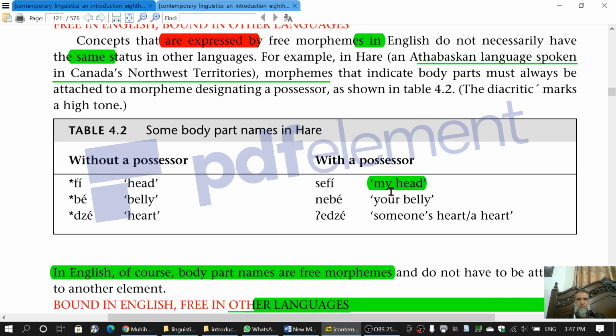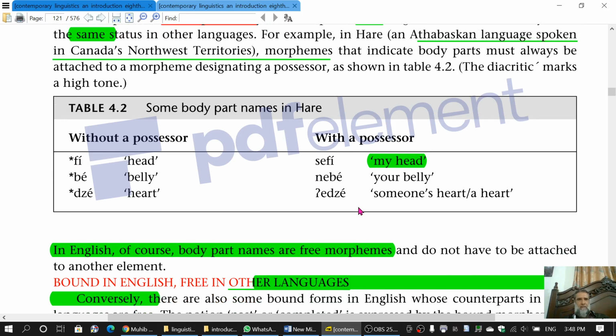And you can see that these two separate morphemes are not separate in it. Phi, which means head in English, this asterisk tells us that this is not a free morpheme, it is a bound morpheme, and therefore wrong to say phi. You have to attach the possessor with it, and as a result it becomes bound.